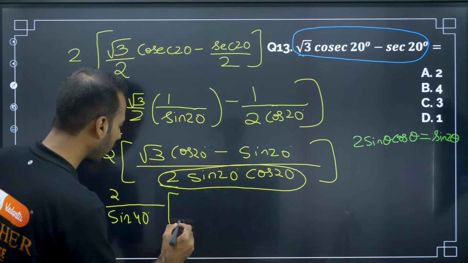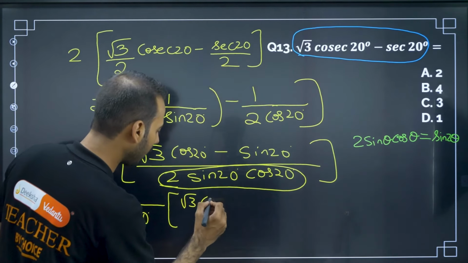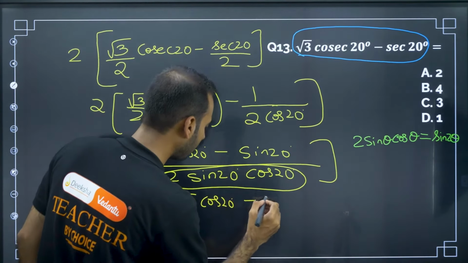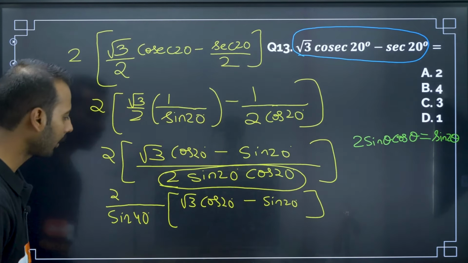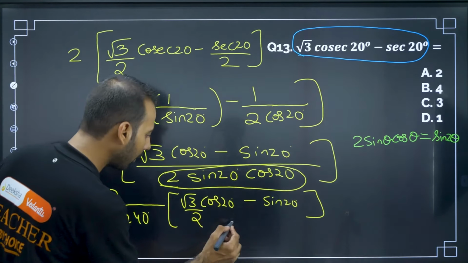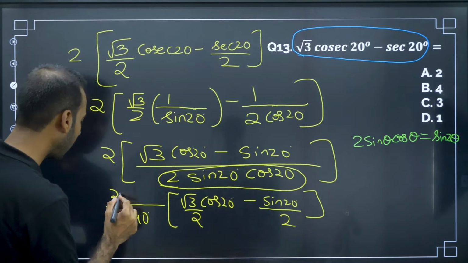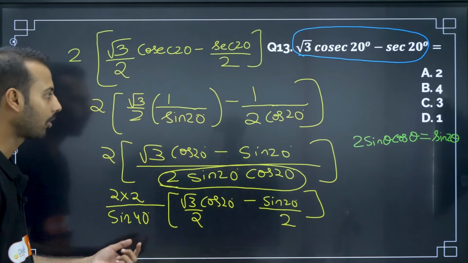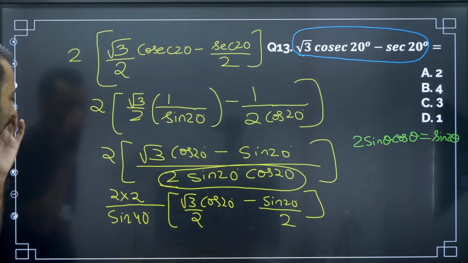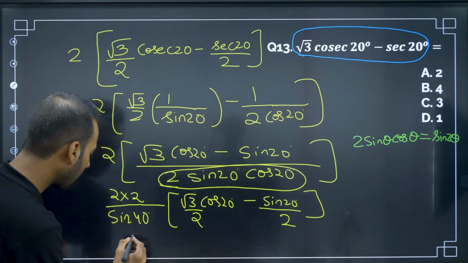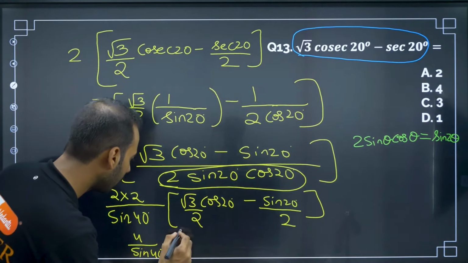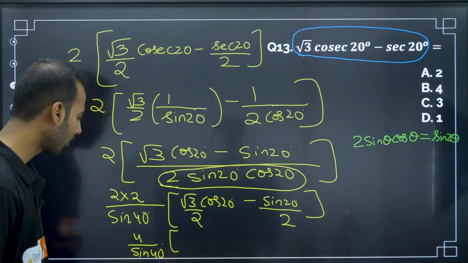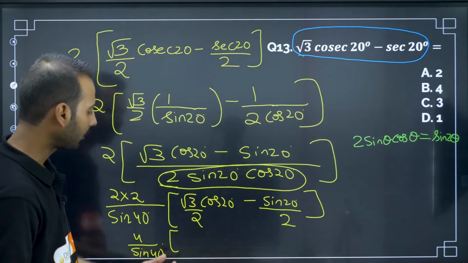Now here in the bracket, what are we left with? Root 3 cos 20 minus sine 20. Let me go again for divide by 2, divide by 2 and then multiply by 2, so the equation also remains balanced and everything is fine. Now this becomes 4 by sine 40, root 3 by 2.